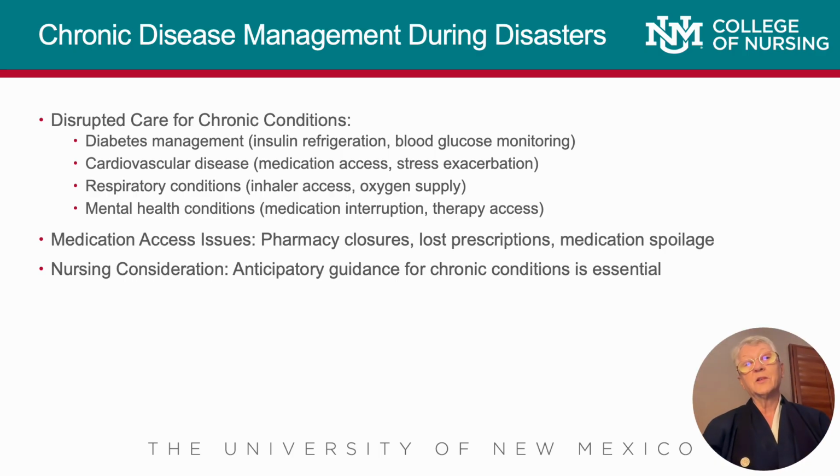Cardiovascular disease patients need access to their medications, and the stress of the disaster itself can exacerbate their conditions. People with respiratory conditions need their inhalers and oxygen supply. Those with mental health conditions may have their medications interrupted and lose access to therapy.